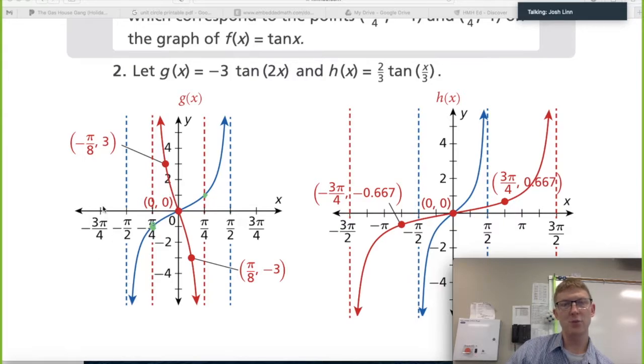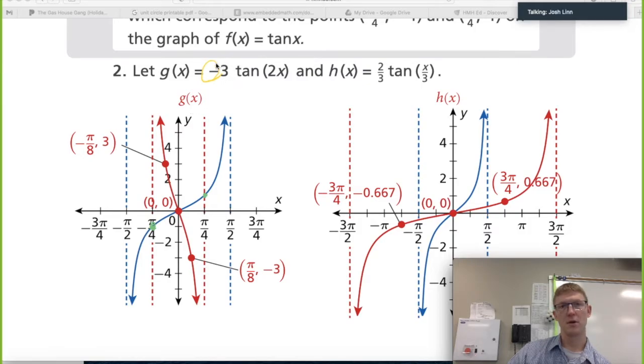We have to work with what we have to figure out where the new reference points are going. Step 1: just the negative sign flips it around. Then this does a vertical stretch.